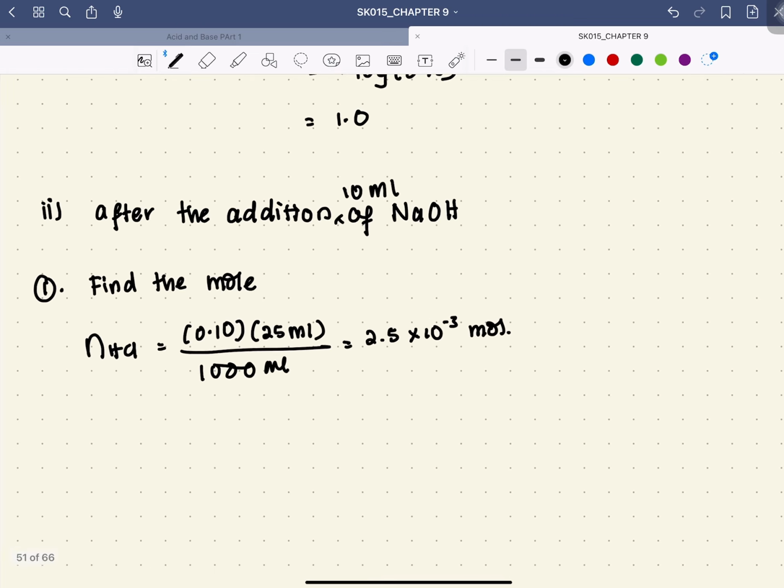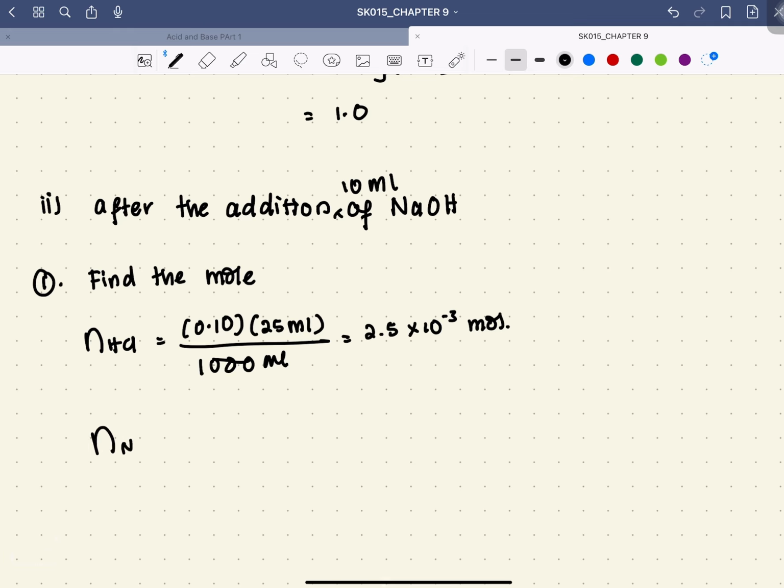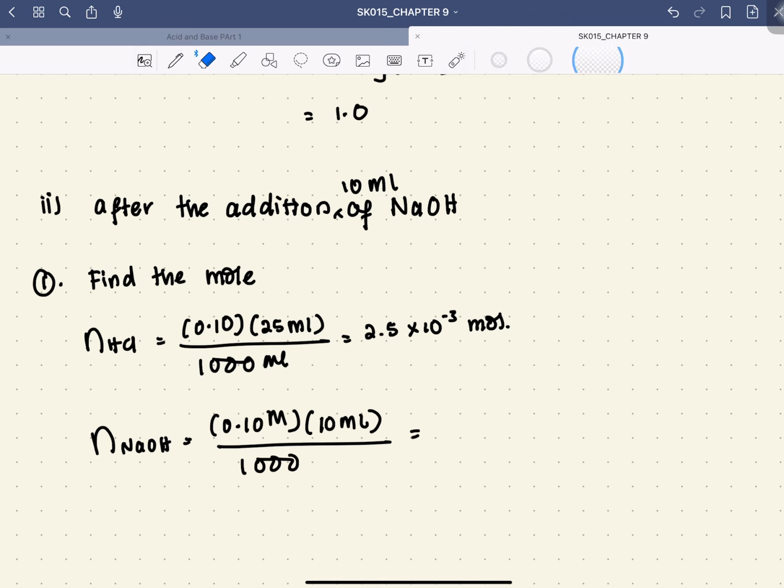We need to find the number of moles for sodium hydroxide as well, which in this case is 0.01 molar and only 10 ml over 1000. So we are going to get 1.0 exponent negative 3 mole.